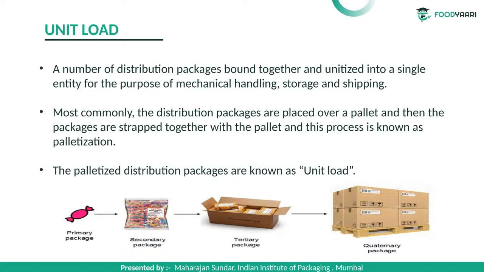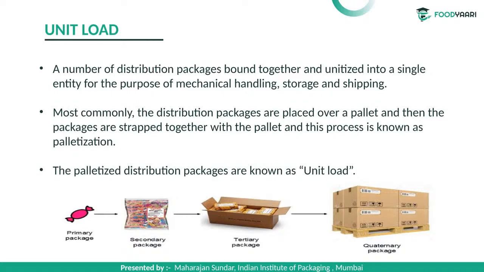Then what is a unit load? A unit load is a number of distribution packages bound together to form a single entity, a single package, for the purpose of mechanical handling, storage, and shipping. Most commonly, the distribution packages are placed over a pallet. Then the packages are strapped together with the pallet, and this process is known as palletization.